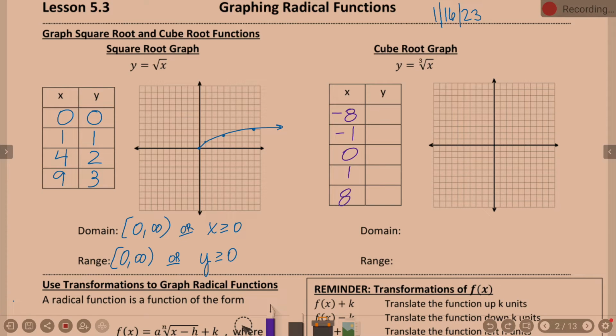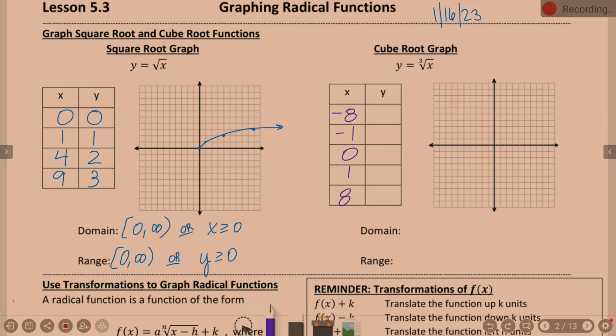Okay, so first of all, notice these numbers are perfect cubes. These are numbers I can take the cube root of, and there's negatives thrown in here. Can we take the cube root of negatives? Yes, because 3 negatives multiply to be a negative. So it does work.